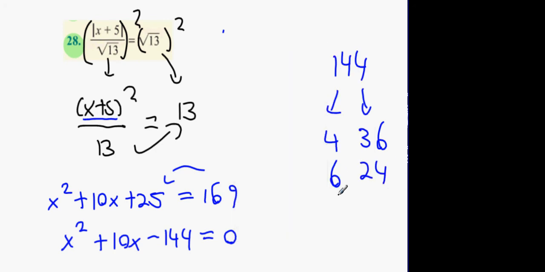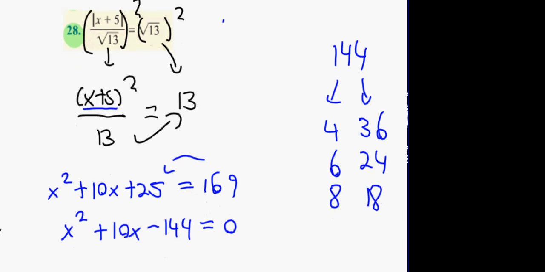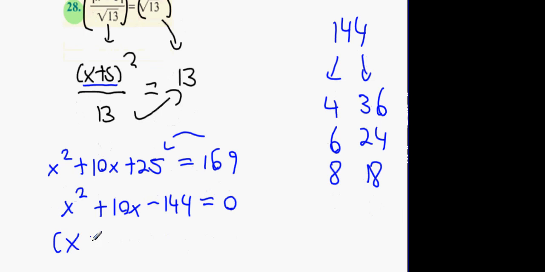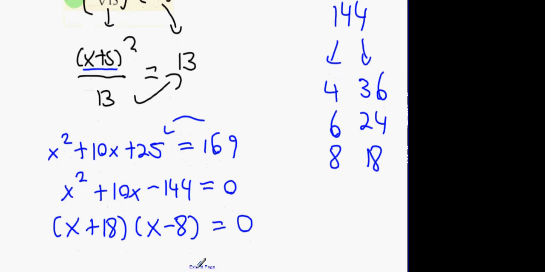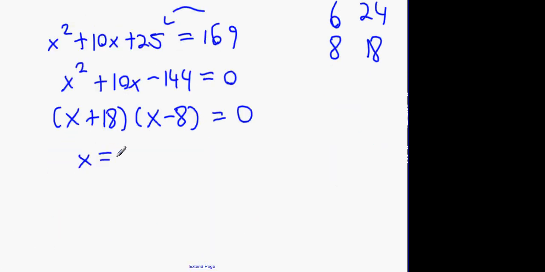Go bigger than 6. Go 8 and you get 8 and 18. 8 and 18 are the two numbers you're looking for. X plus 18 and x minus 8 equals 0. So the two numbers you're looking for are x equals minus 18 or x equals 8.